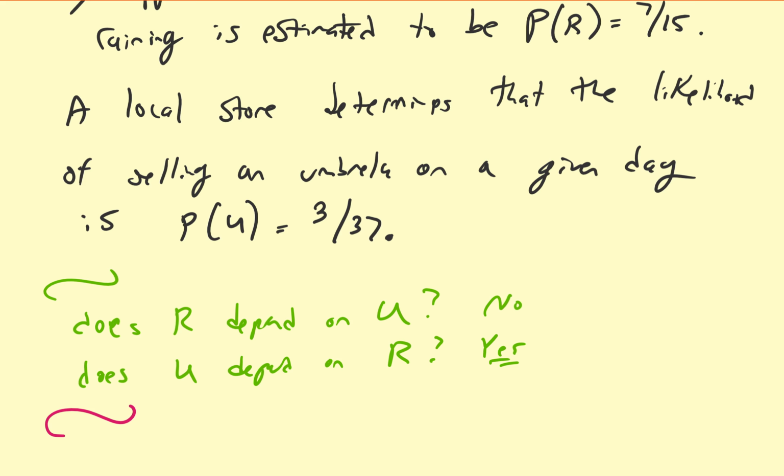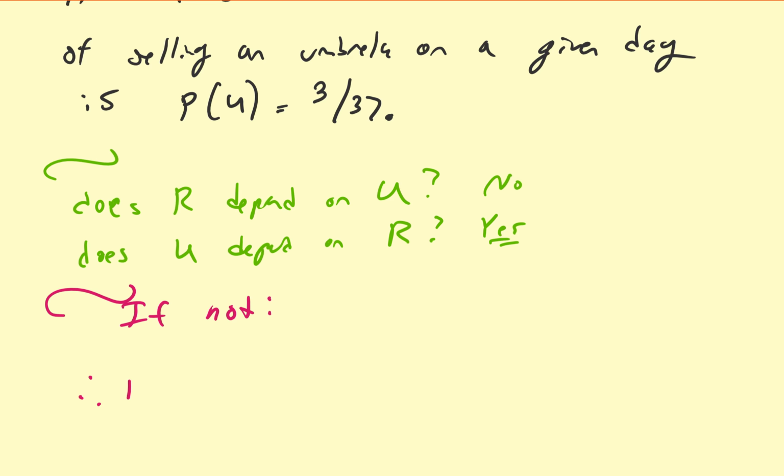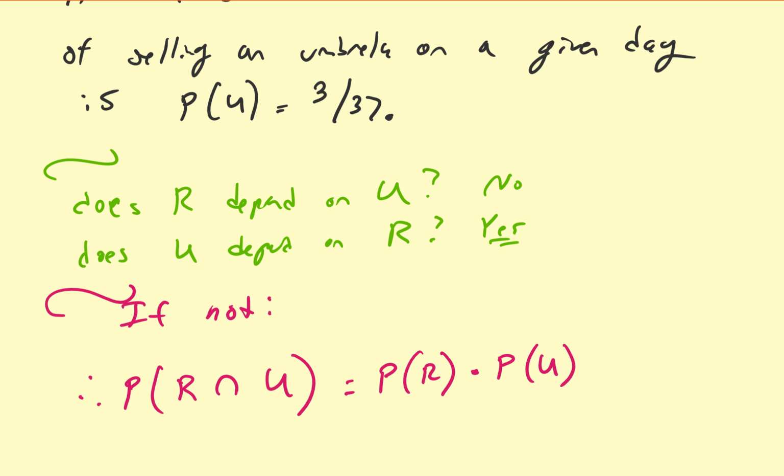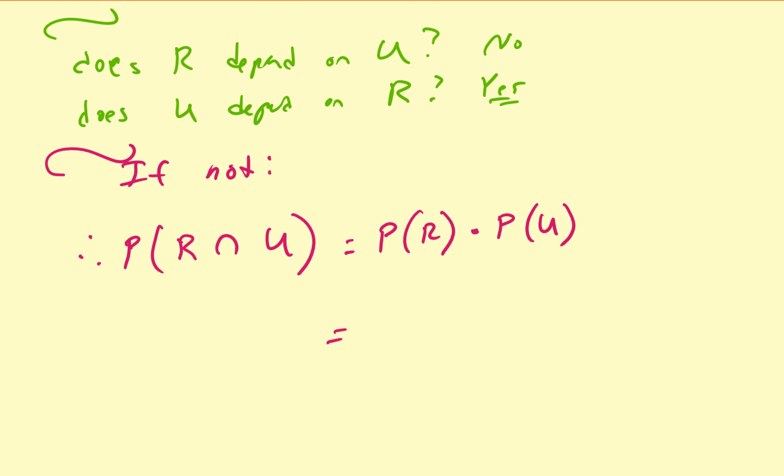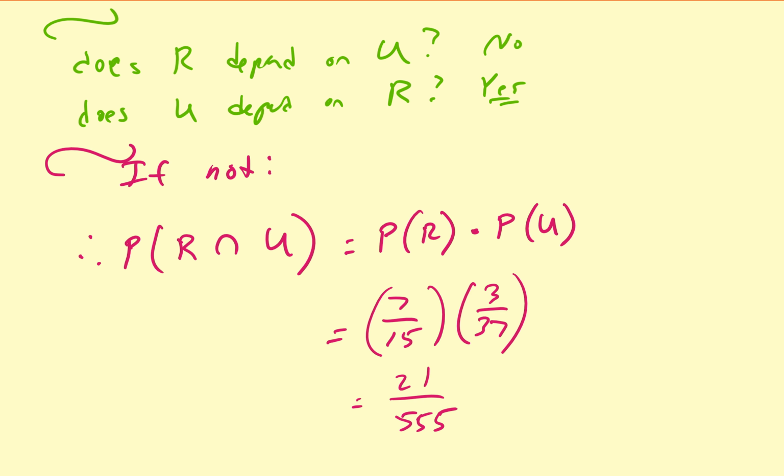But if not, then the probability of it raining and having an umbrella must be equal to the product of the probability of R and the probability of U. So that means the probability of it raining and selling an umbrella must be equal to 7/15 times 3 divided by 37. That's going to come out to 21 over 555, which is approximately equal to 0.0378.